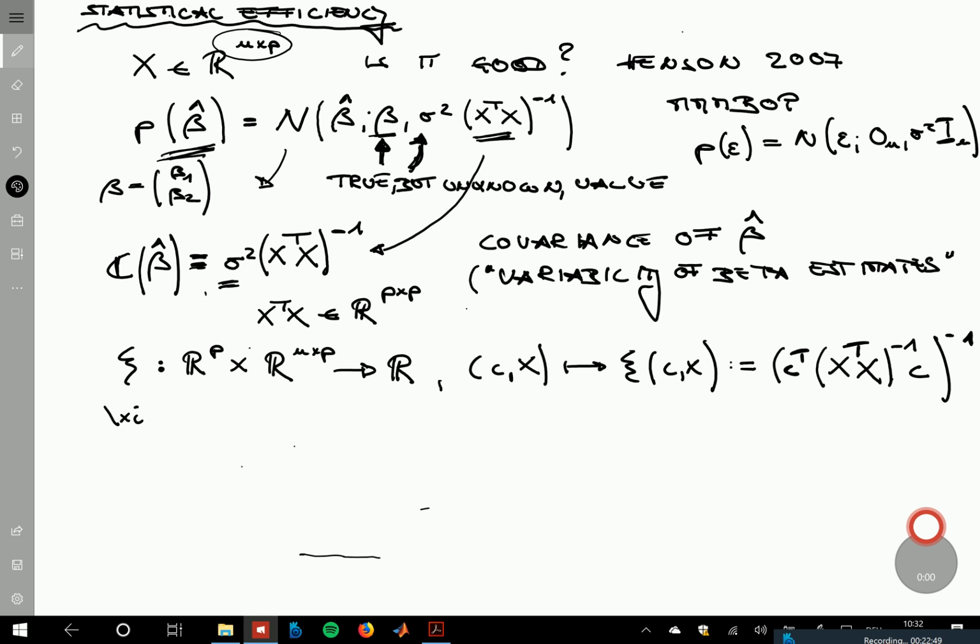So what happens here is essentially that, first of all, in terms of the covariance, so the variability of your beta hat estimates, you don't take into account the error variance.